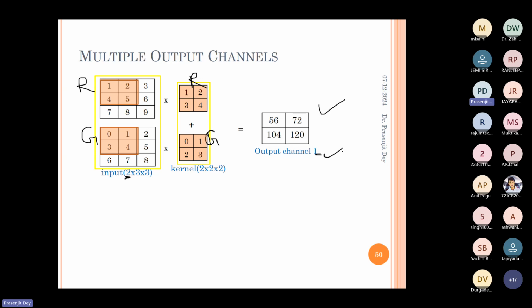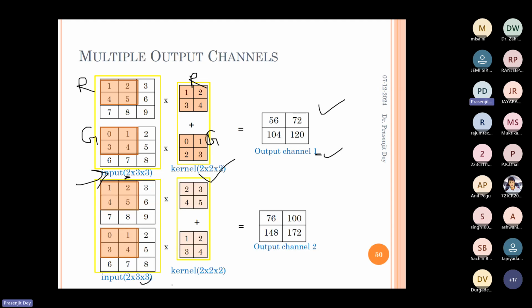Now we are going to use another set of kernels on this same image. The image is the same, and I am going to apply another set of kernels on it, and from there we will get output with respect to another channel. So earlier the output was 1 channel, now I am getting 2 output channels.